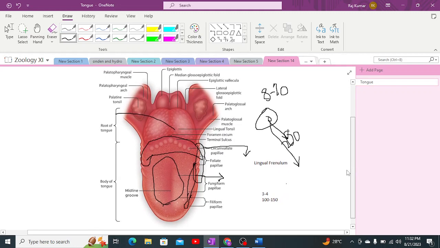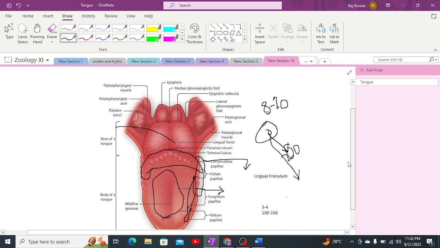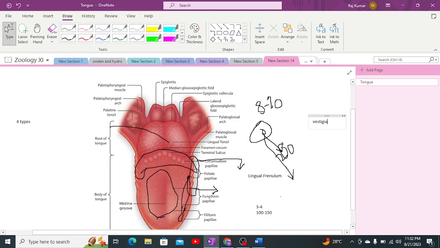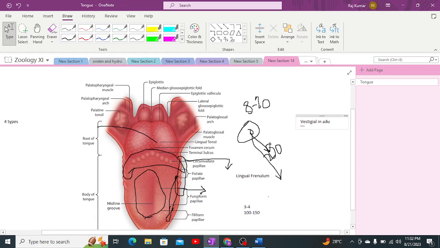The foliate papillae have taste buds, and these taste buds have the capability of detecting all 4 types of taste. This type of papillae is also known as vestigial papillae, because it is vestigial in adults.